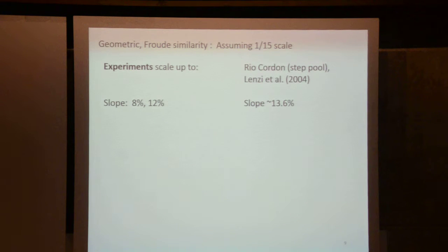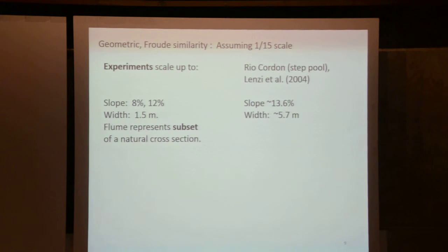So, to say what this would actually scale to, let's assume that this represents a 1/15 scaling, and basically that gets me to something similar in at least some ways to the Rio Cordon stepped pool channel in Italy that has been well studied. The slopes are a little lower, but still comparable.